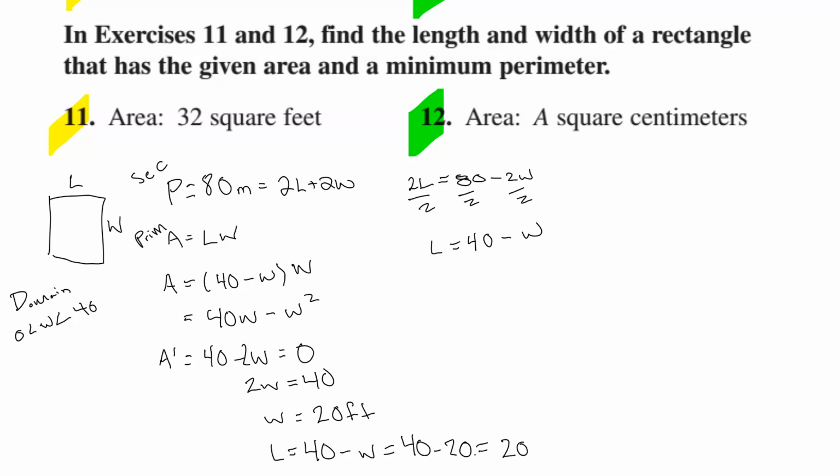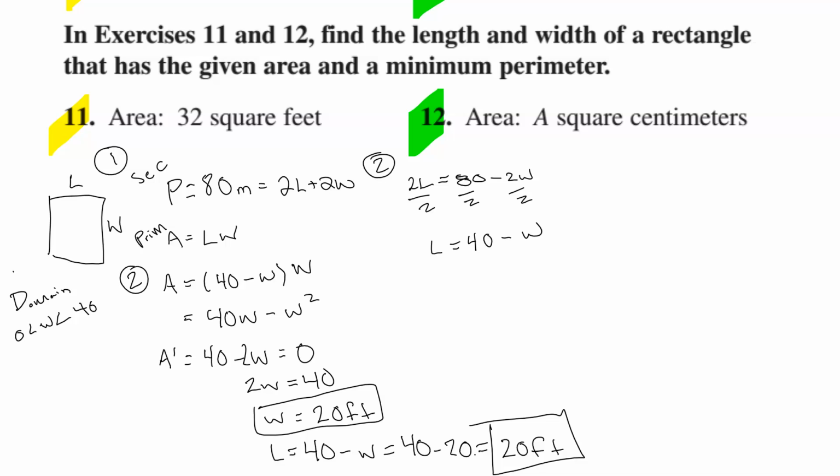So I've got a length of 20 feet. All right, so first we identified the quantities we know, then we substituted in, got a single variable in our primary equation. We thought about what values are plausible, and then we found those values by setting our derivative equal to 0.